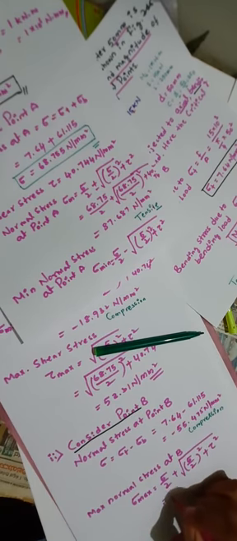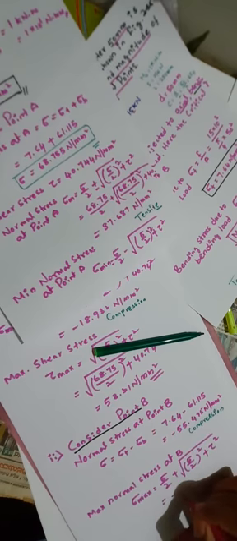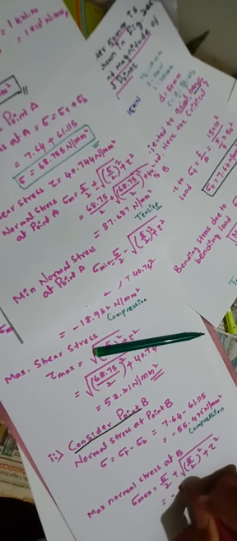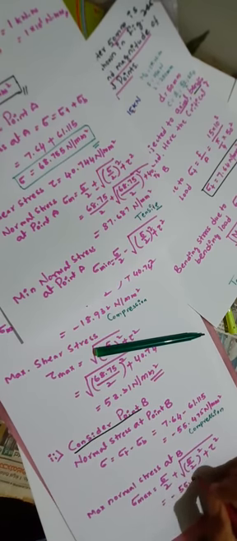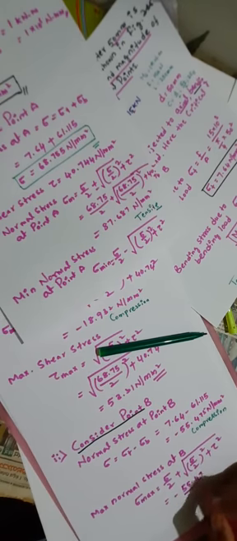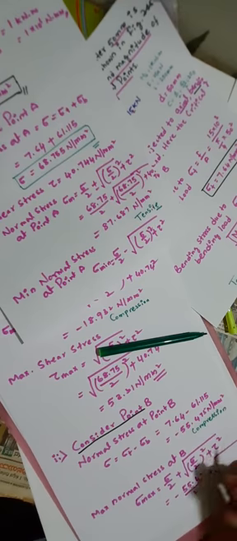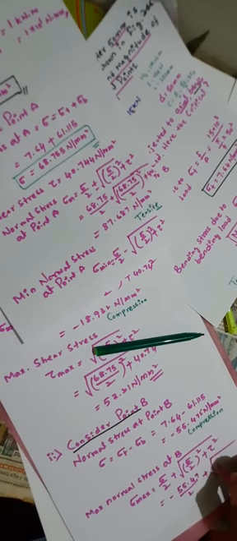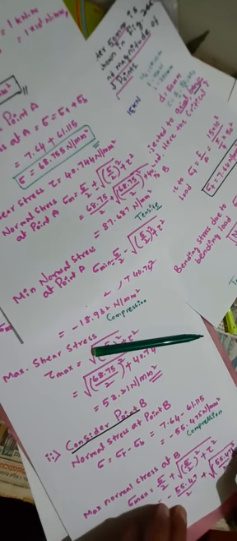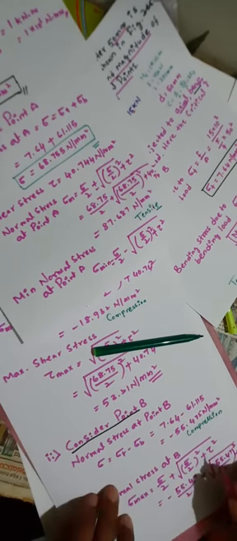You substitute all the values: minus 55.47 divided by 2 plus square root of 55.47 divided by 2 whole square plus, what is the shear stress here?